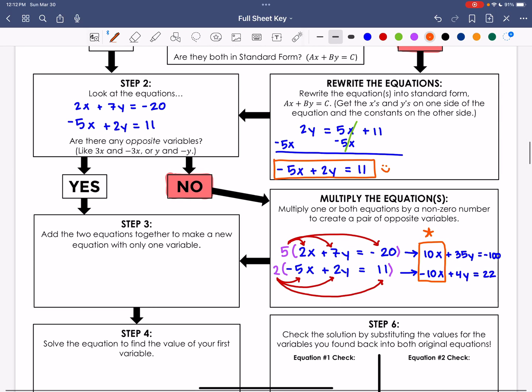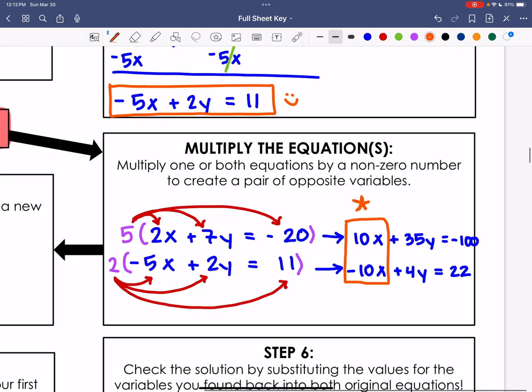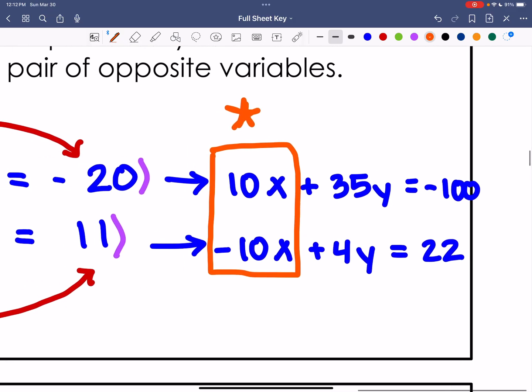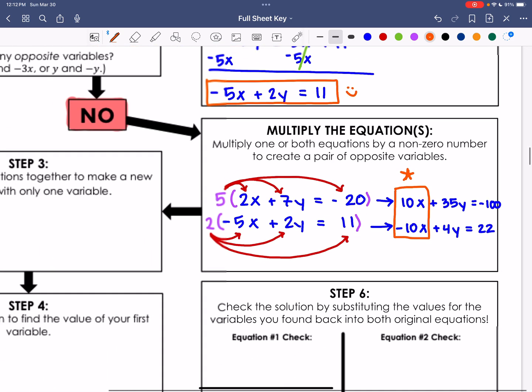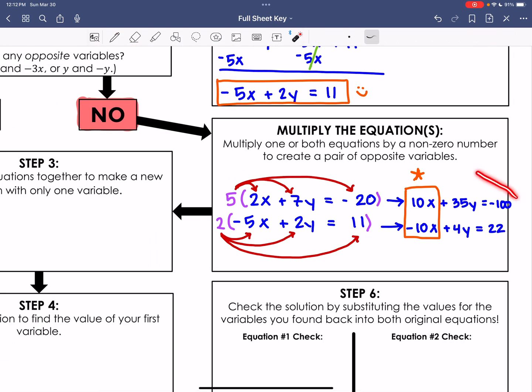And this is where that elimination magic happens. Now that we have opposite variables, when you add your equations together, we're going to say goodbye to having 2 equations and 2 variables, and we will say hello to only having 1 equation with 1 variable, right? We've eliminated a lot, and now we'll have a very simple equation left over. So go ahead and copy all of our new and improved system down.